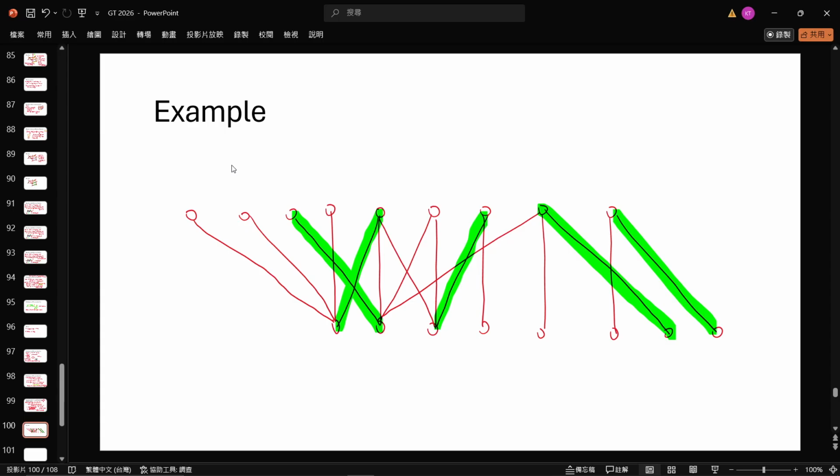For example, let's try this one. We start with this vertex, and we'll extend the path, obviously following the M alternating path logic. We want to find an M alternating path where the other endpoint is like this one, or this one, or this one, because these three are not saturated.